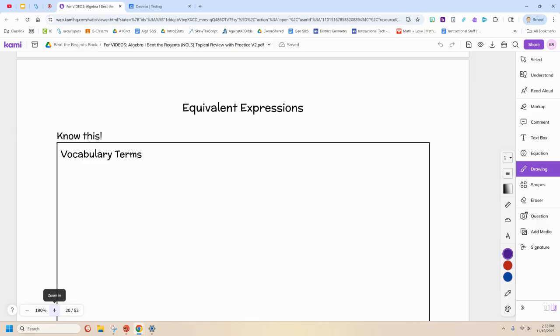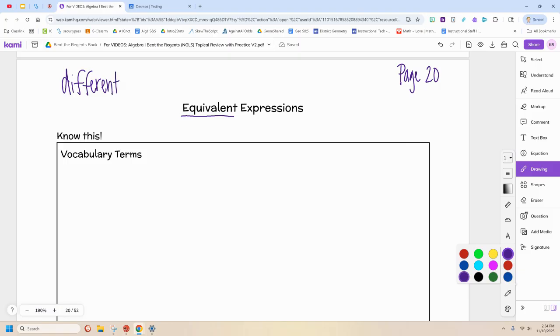All right, page 20. The next couple pages are about equivalent expressions. And the word equivalent means that we might be in different forms, but we have equal values.